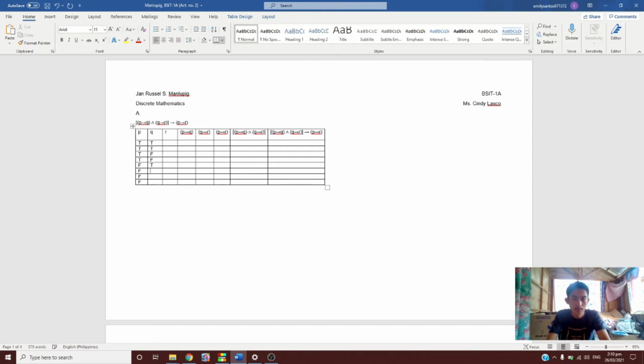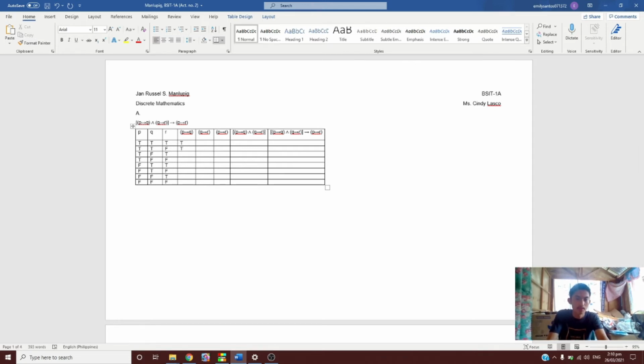Next is P implies Q. T implies T equals T. Then P implies Q, the same.